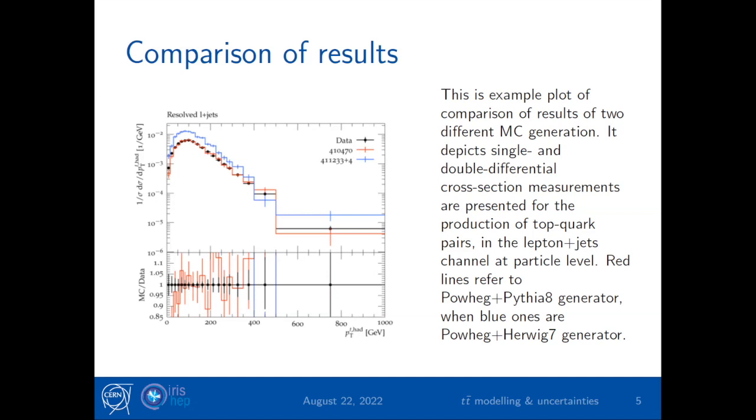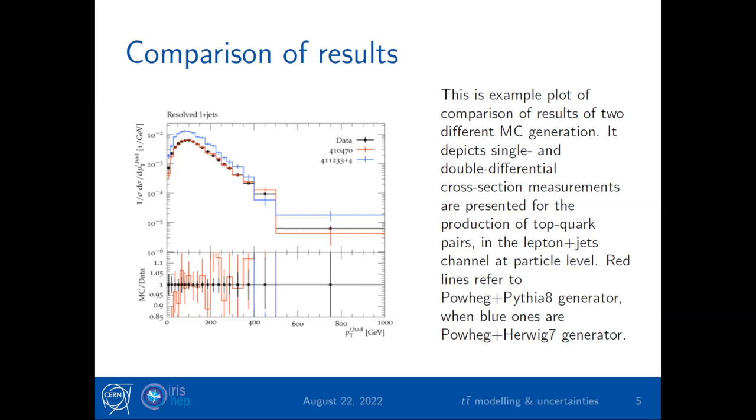What type of experiments do you use to find your top quarks, and for which experiment is this picture of differential cross-section?